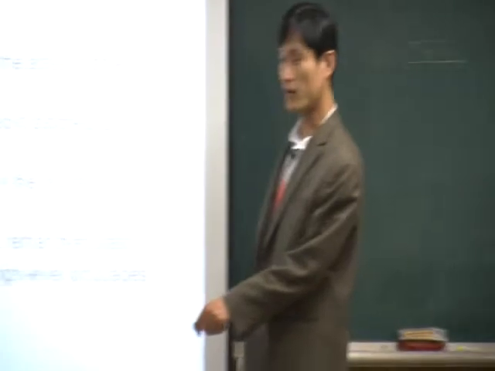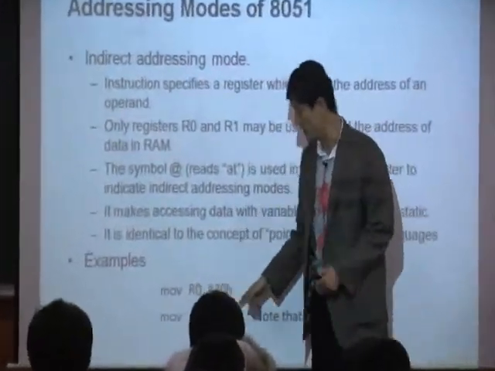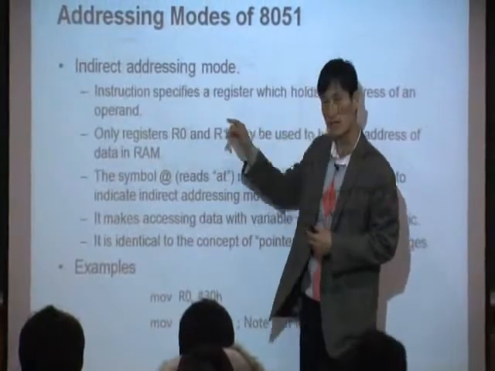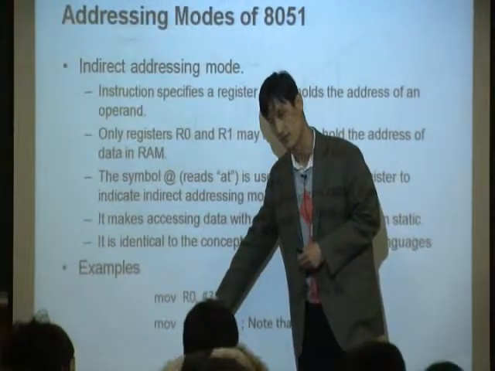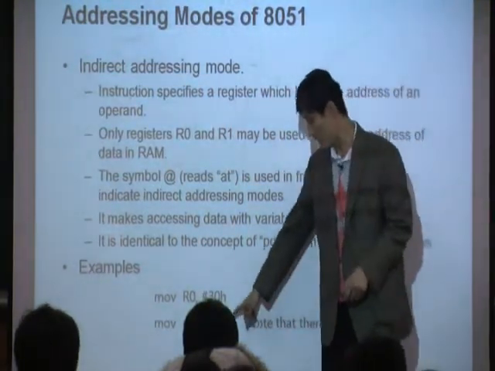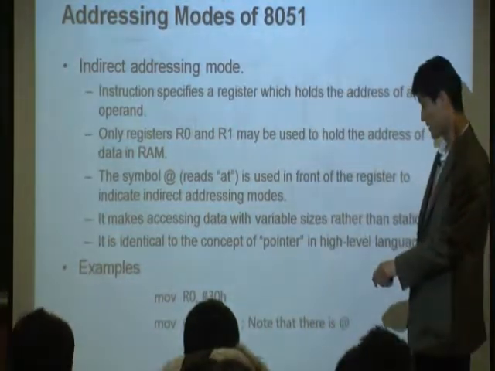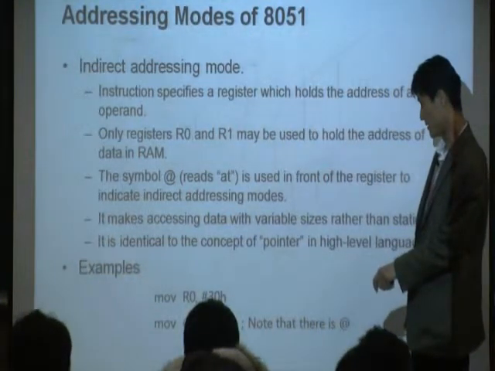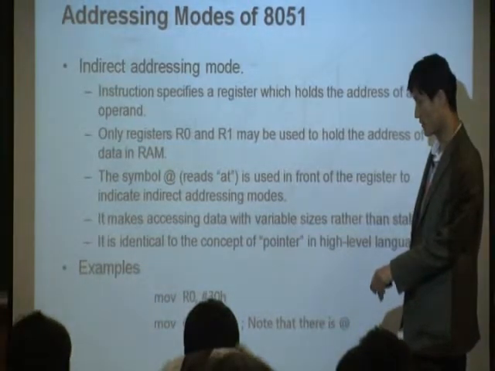Now let's move to the second one. We know that this one is using indirect addressing mode because we see @ here, right? Since we have @, this is indirect addressing. And now you see the value in 04.